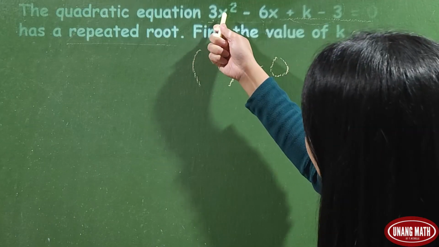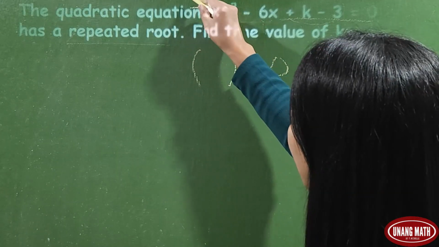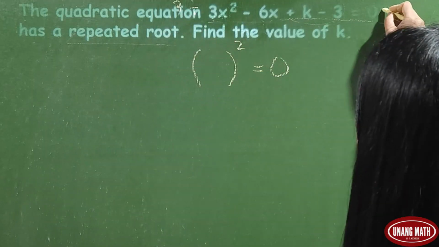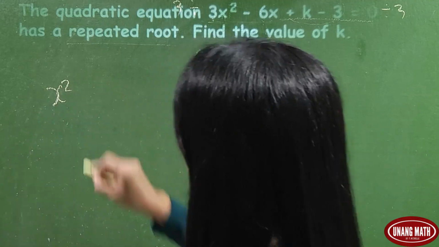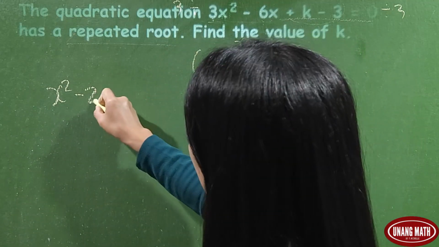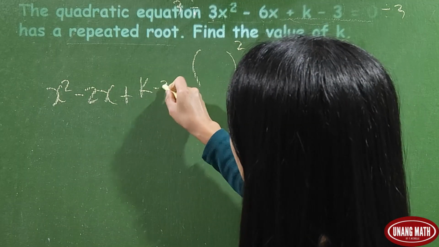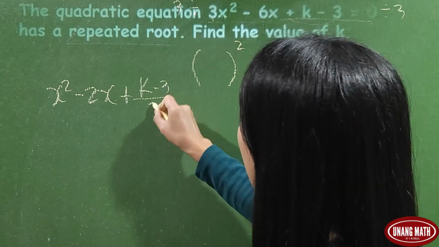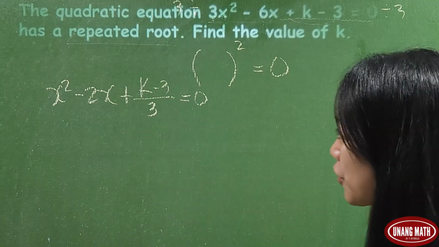But in here, the coefficient of x squared is not yet 1. So we can divide this by 3. Now we have x squared minus 2x plus k minus 3 over 3, and this is equal to 0. So this is our first way.